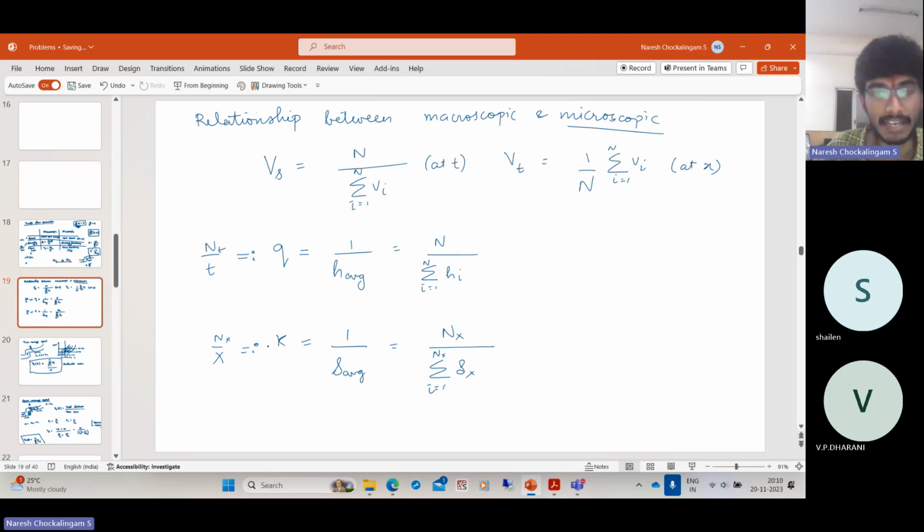The next thing is to relate these three among themselves. These three are the key parameters: the space mean speed, the flow rate, and the density.